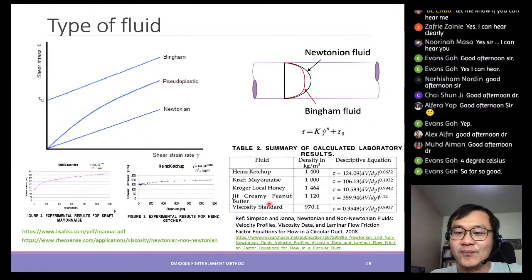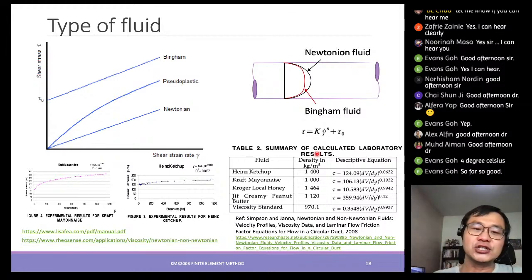So you can see from here the density and the description of the equations. You can see that the shear rate between this will change, and from that particular shear rate itself, you may be able to identify the shape of the fluid. So if you want to model this, then you have to apply the proper viscosity data to model the conditions of the flow.